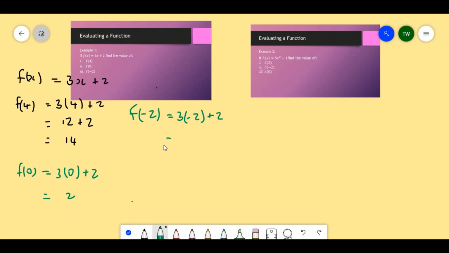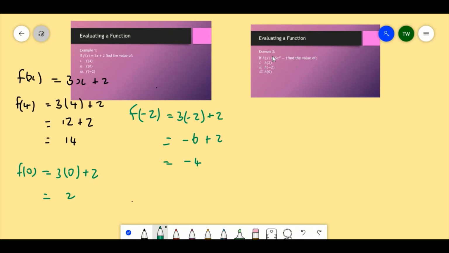So you just simplify this. 3 times negative 2 gives us negative 6, plus 2. And for negative 6 plus 2, the signs are different, so you subtract and keep the sign of the larger number. So this is going to be negative 4.